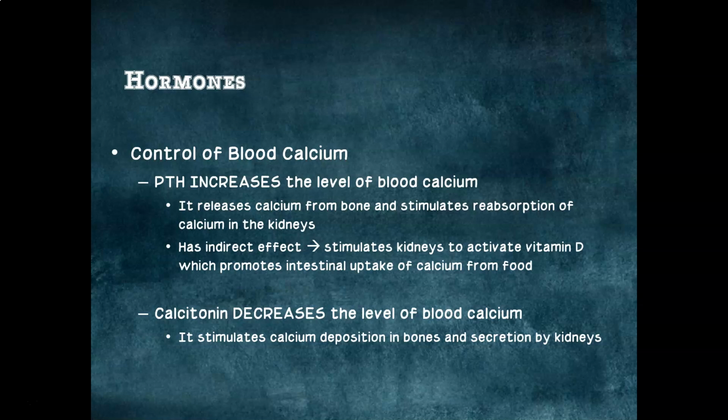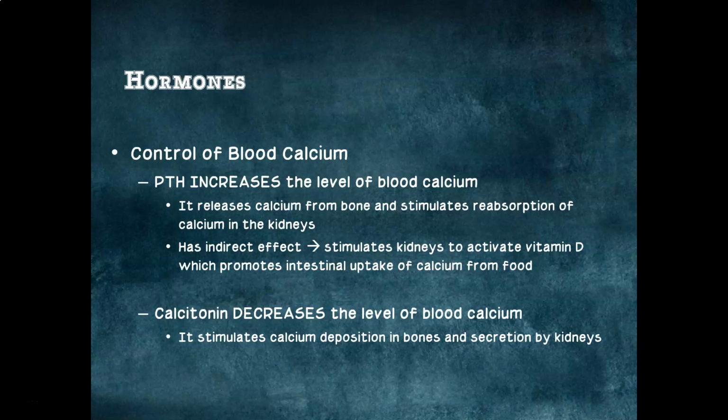But as your calcitonin levels rise, they decrease the level of calcium in your blood. We're going to take that excess calcium and stimulate the deposition, I should say, into your bones, and then the secretion by your kidneys.